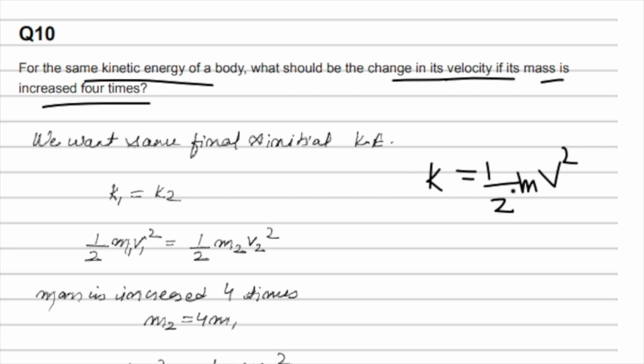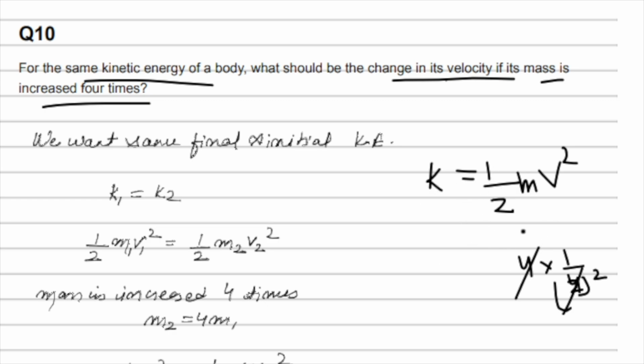Kinetic energy has to be constant. So if the mass is increased 4 times, what should we change in the velocity? I should make it 1 by 4 somehow. How can I make that? I can write just half the velocity, so that when we take the square of it, it will be 1 by 4, and then it will cancel out, and we will get the same kinetic energy.